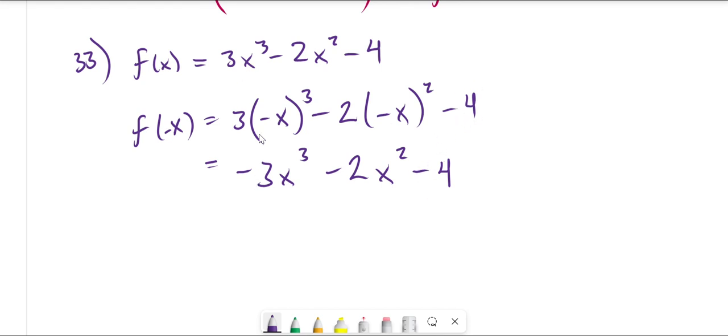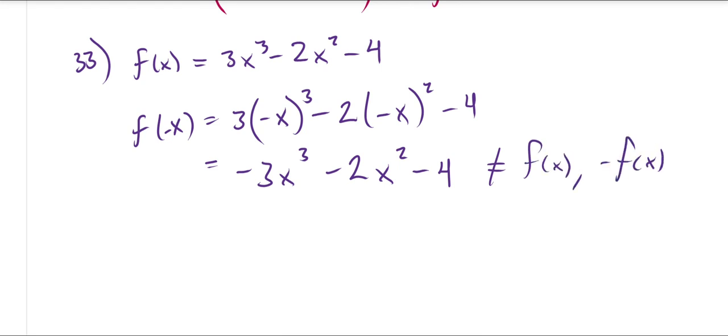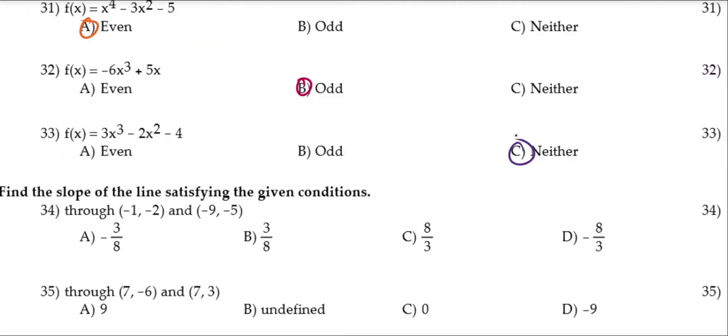So notice that there isn't a way I can pull out negative 1 and just get f of x again. Neither is this f of x itself. So this is not equal to f of x. It's not equal to minus f of x. And so this is neither. Once we notice that there's this mixture of odd and even exponents, we can also rule that any polynomial of that kind is neither even nor odd. So that is C for this one.